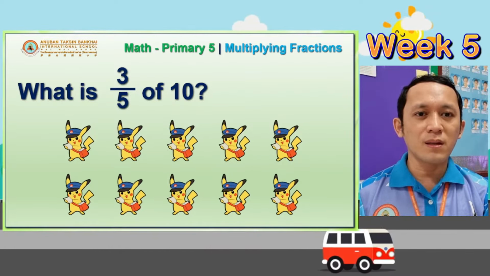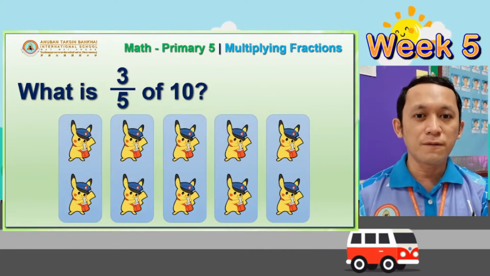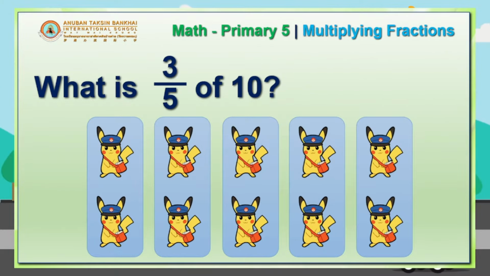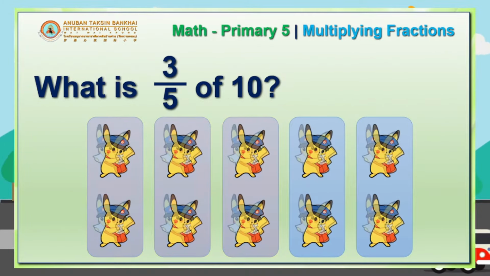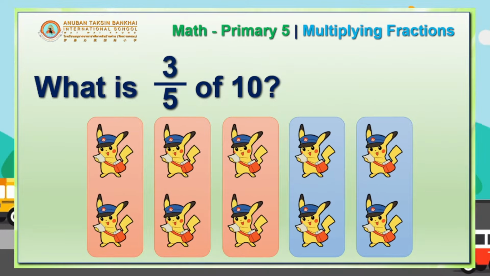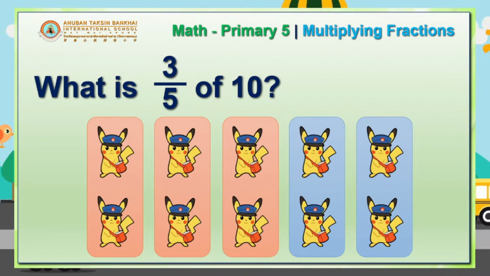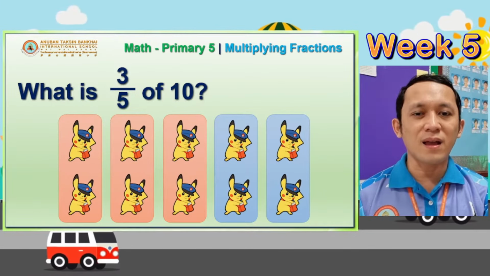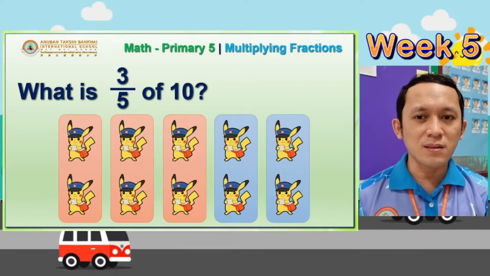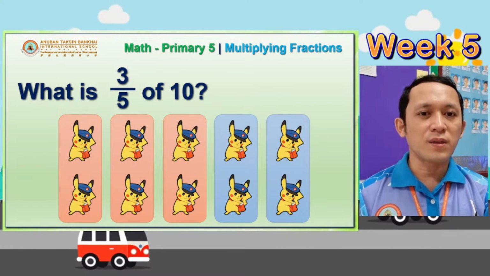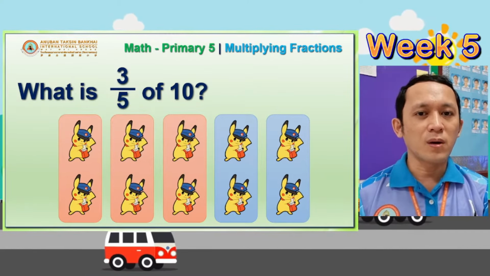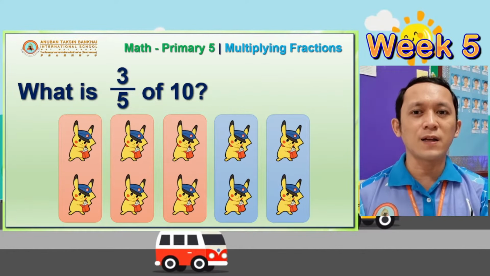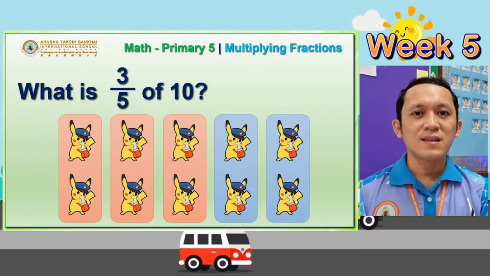Our denominator is 5, so there will be 5 equal parts. And our numerator is 3, so let's shade here 3 parts, okay? By just looking at our fraction set, we can say that there are 6 Pokemons out of these 10 Pokemons. So we can say that 3 over 5 of 10 is 6.